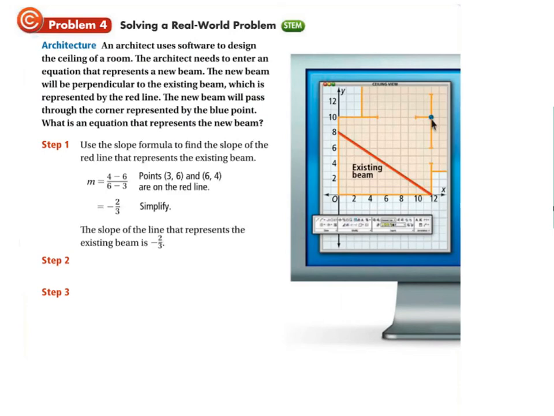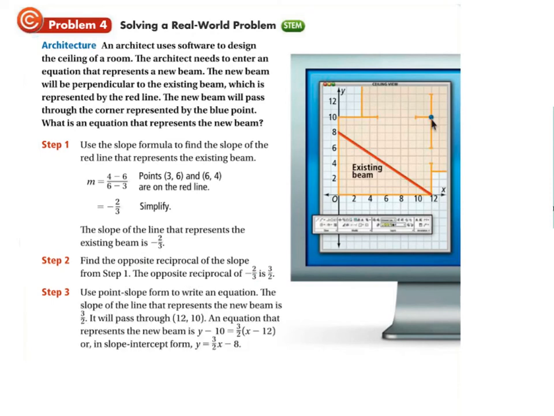Okay, so what do we do? Use the slope formula to find the slope of the red line. They take a couple of points, 3, 6 right there, right on the grid lines, and 6, 4 also right on the grid lines to calculate the slope as negative 2/3. The slope of the existing beam is negative 2/3, so we want the opposite reciprocal, which is positive 3/2.